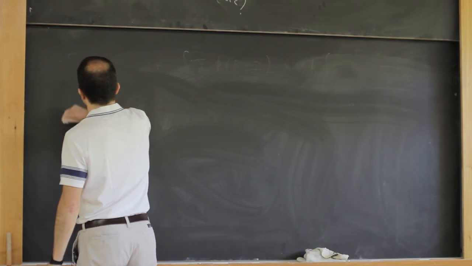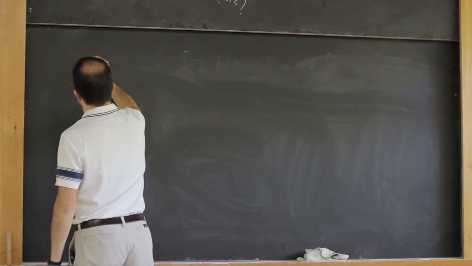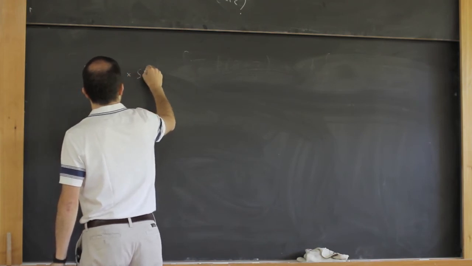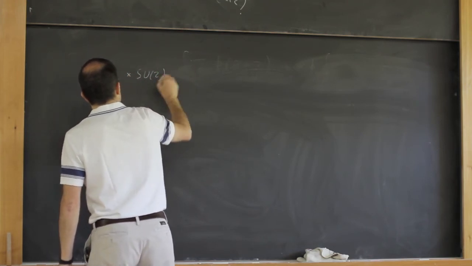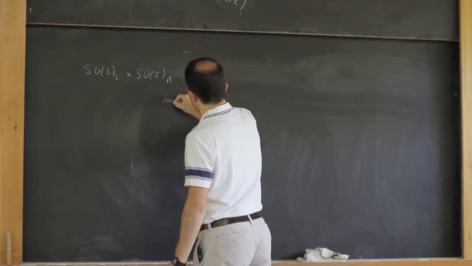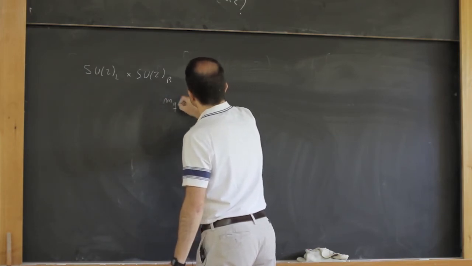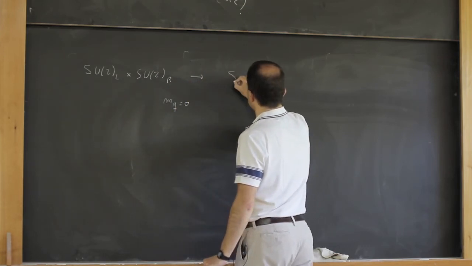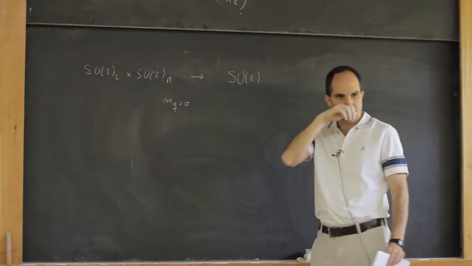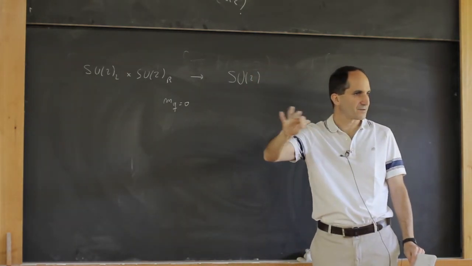So imagine QCD with two flavors. Then we have an SU(2) left times SU(2) right symmetry that is spontaneously broken. When the quark masses are 0, it is spontaneously broken to just an SU(2) symmetry, right? And the Goldstone bosons of this breaking are the pions, massless pions.